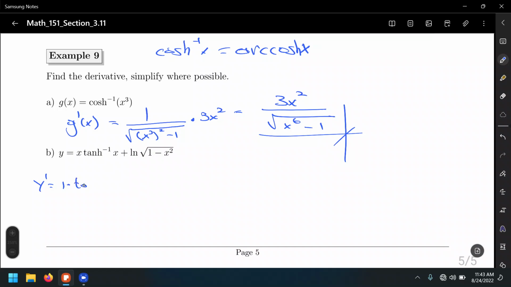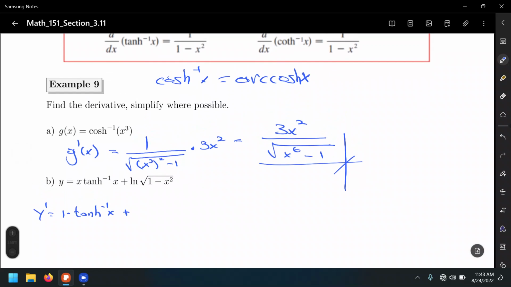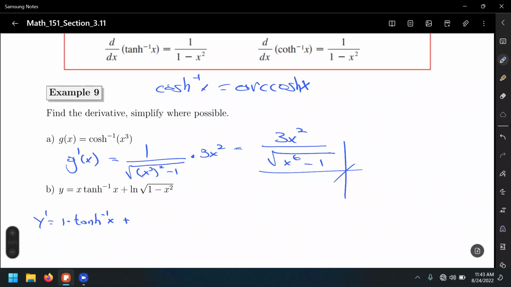That times tangent inverse, plus the derivative of tangent inverse, which in this case is this formula right here, 1 over 1 minus x squared, times x, which is u prime v plus v prime u. That's the product rule in action with the first term.